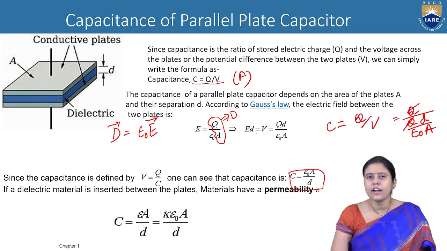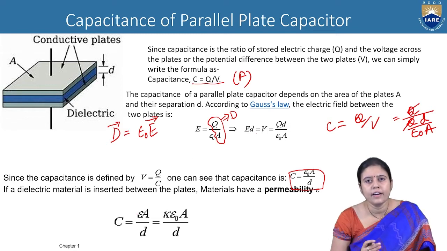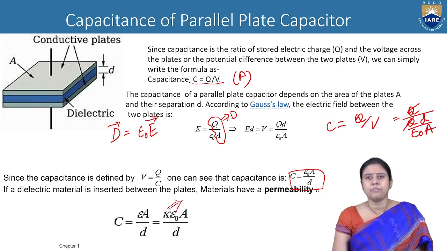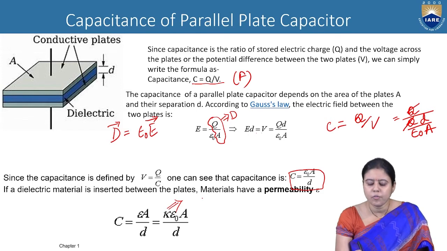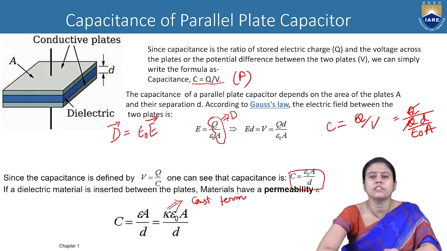In case of air or vacuum, we assume epsilon 0, but if it is any other medium, we take it as epsilon, which equals kappa epsilon 0 A by D. This is not K actually, this is known as kappa, a constant term.